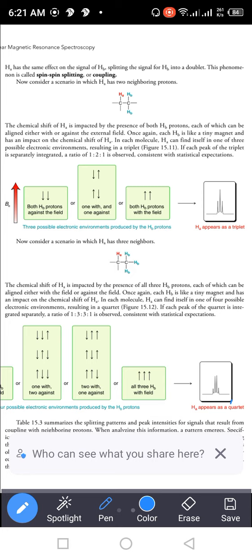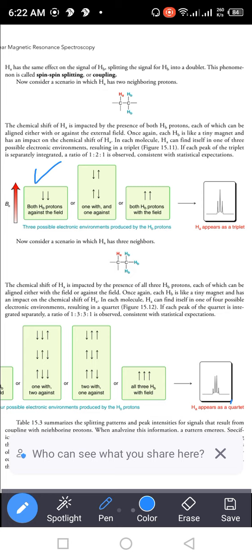A red arrow represents the direction of the external magnetic field. If both protons are against the magnetic field, the external field direction is upward, and if these two protons have the downward direction, then it will be treated as against the magnetic field. This is the one possibility.